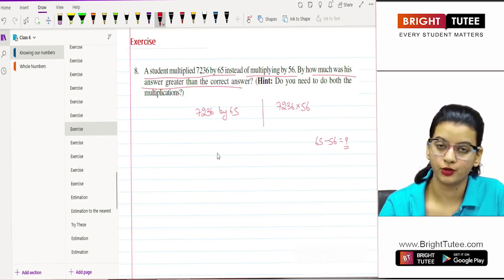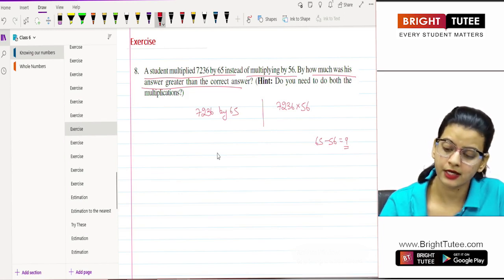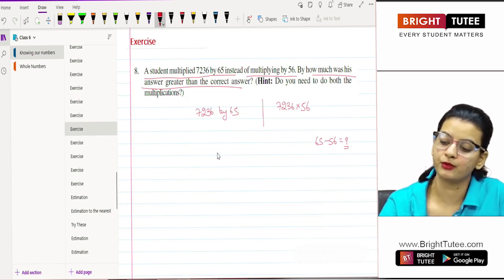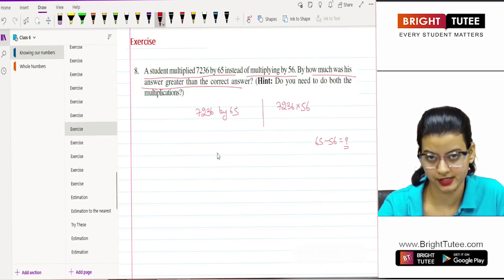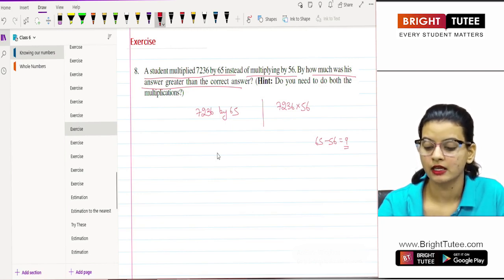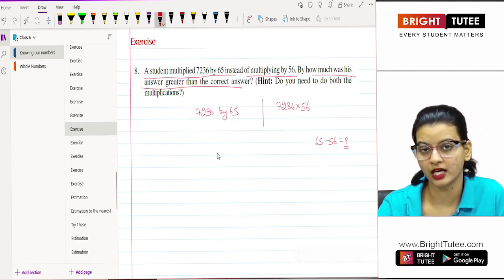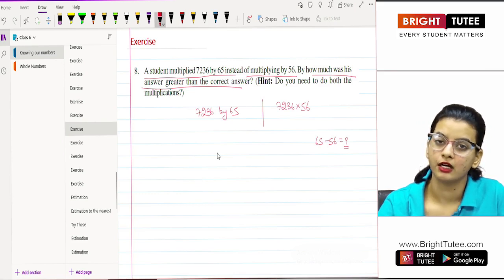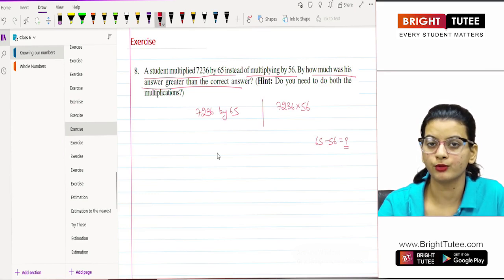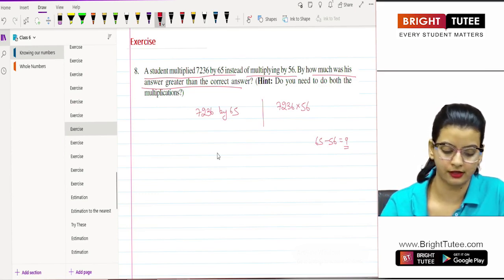You know that multiplication is basic addition only. Since the number was to be multiplied with 56 initially, but then it was multiplied with 65, the student added the number 9 times more than he was actually supposed to add it. So if we calculate the product of 7,236 and 9, then we would be able to tell the difference between the wrong answer and the right answer.